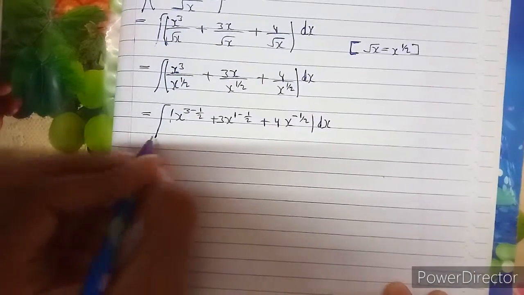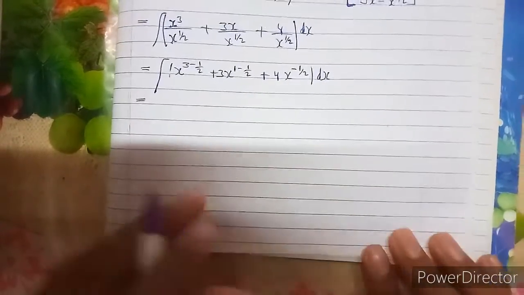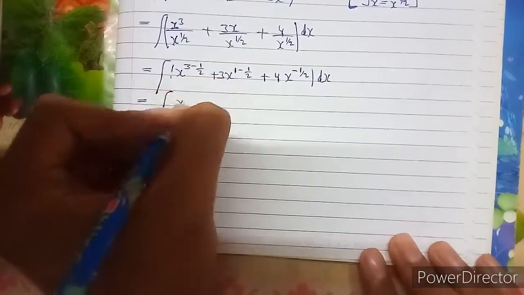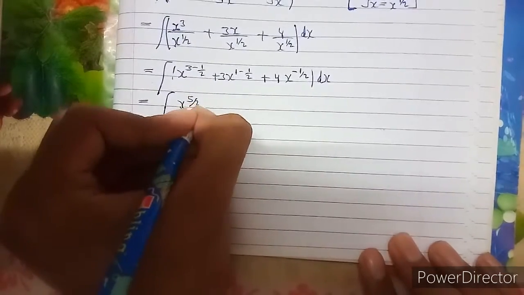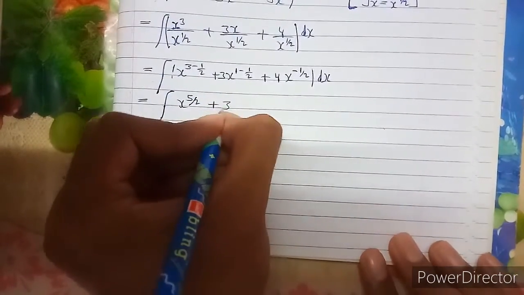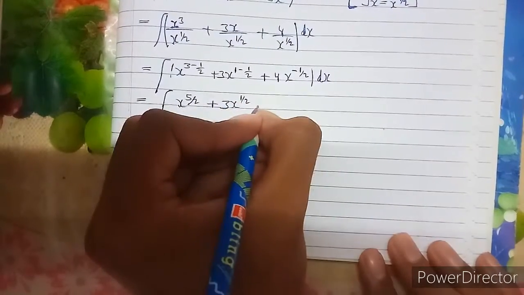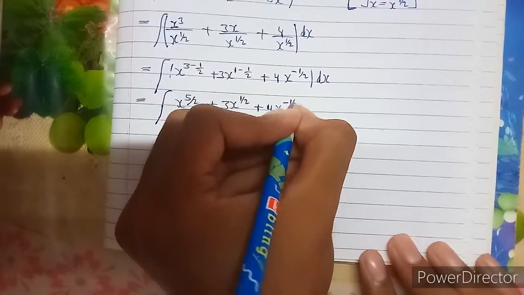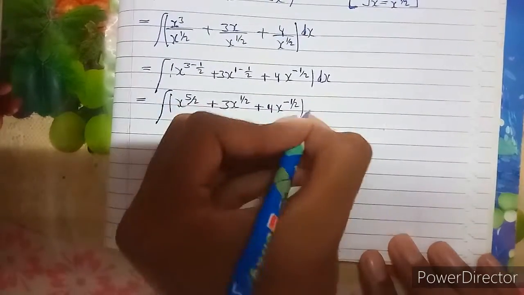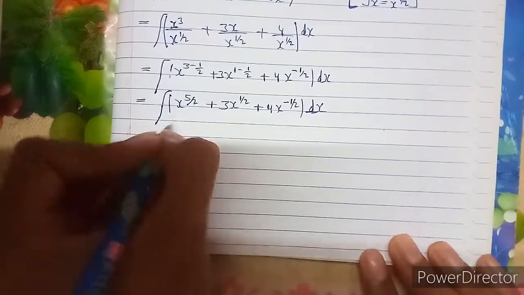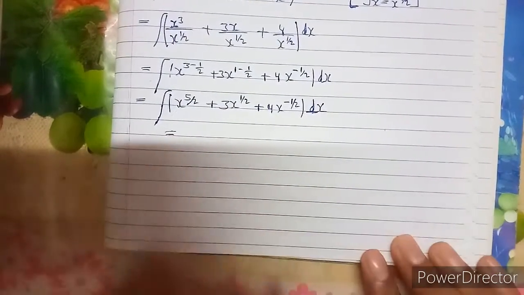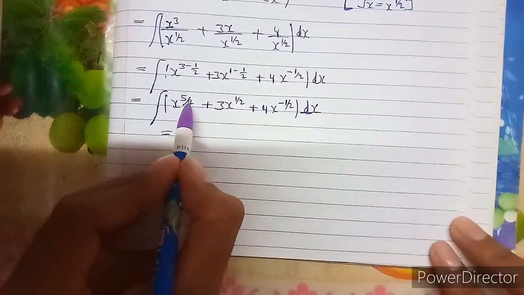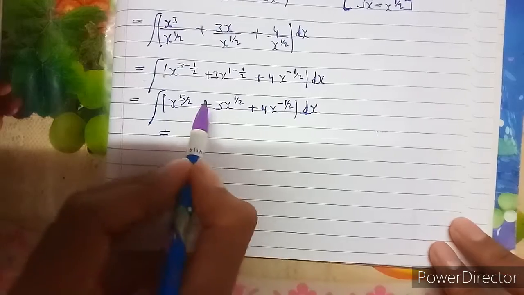Now again we have to simplify it, so we will get x, you have to take the LCM, I am taking it directly, it will become 5 by 2, plus 3 x to the power 1 by 2, plus 4 x to the power minus 1 by 2. Now I think we can do the integration. We know the integration of x to the power n is x to the power n plus 1 upon n plus 1.